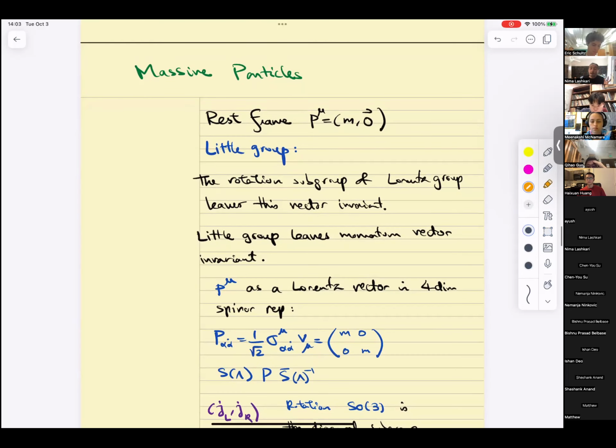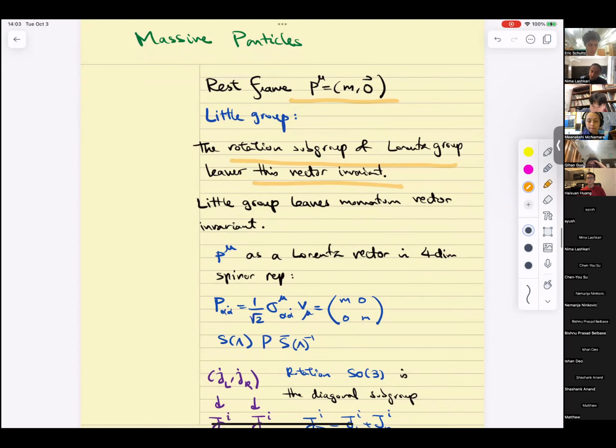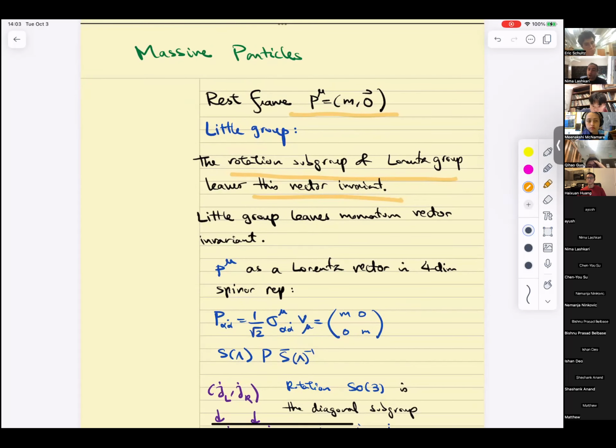When you have a massive particle, you do have a rest frame. As I said, the little group is the rotation subgroup that leaves this vector invariant in this rest frame. So basically you transform as an irrep of SO(3), with a square integrable function over on-shell momenta. Now, what's the representation theory of SO(3)? These are just rotations, hopefully something you remember from quantum mechanics.